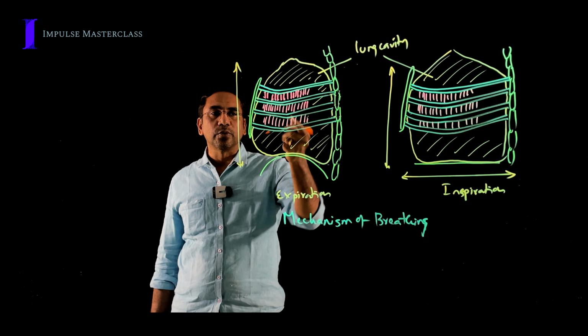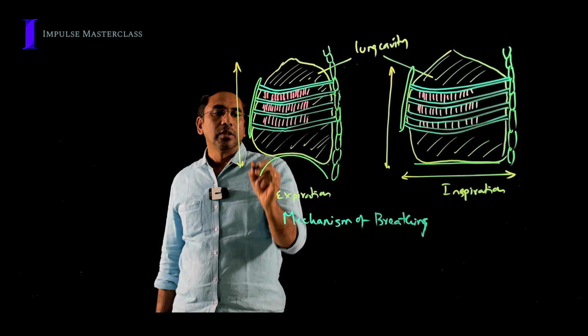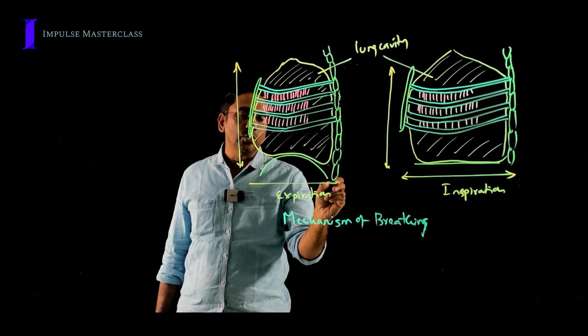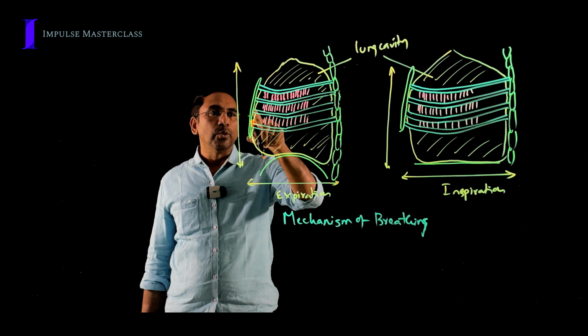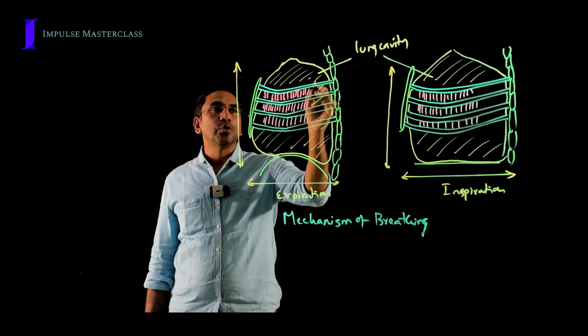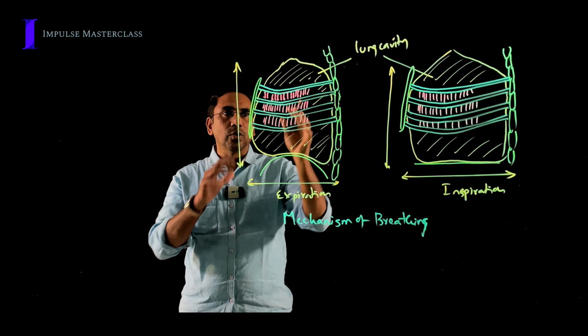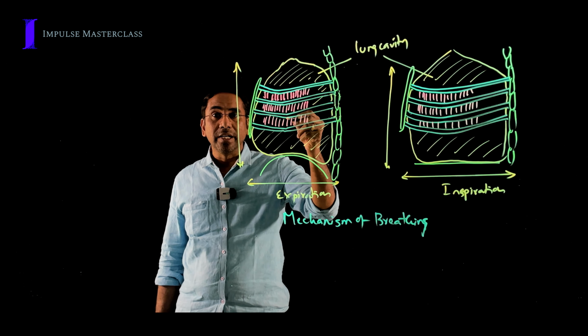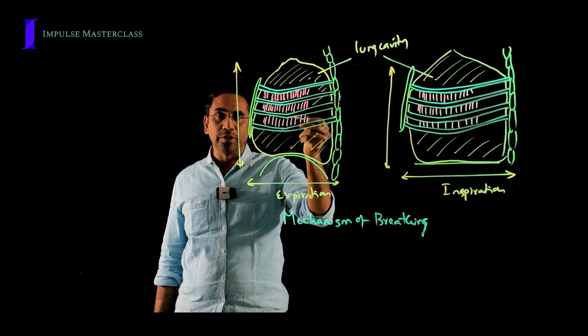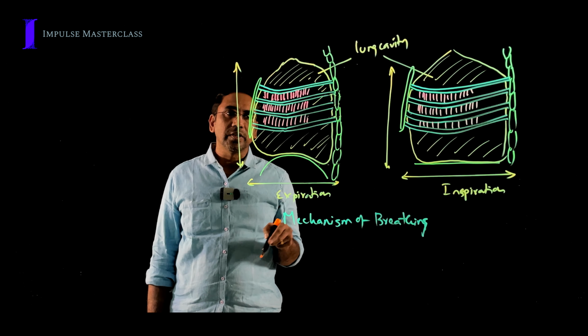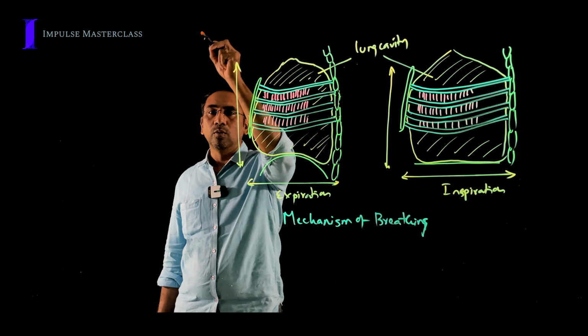External intercostal muscles relax, so the thoracic cavity again comes back to normal position dorsoventrally. So overall, thoracic cavity decreases. That puts pressure over the lungs. So that creates a positive intrapulmonary pressure when compared to atmospheric pressure. So the air is pushed out.